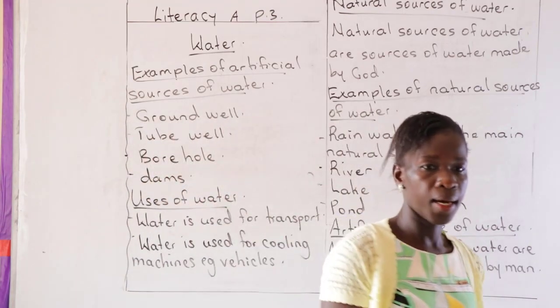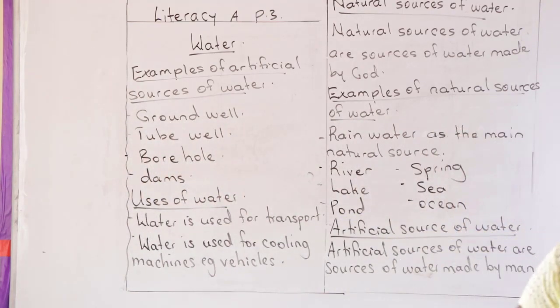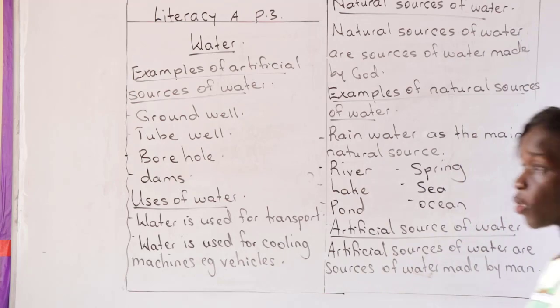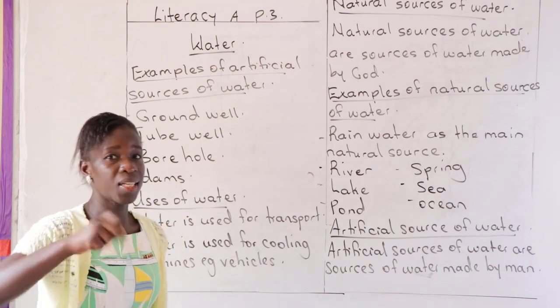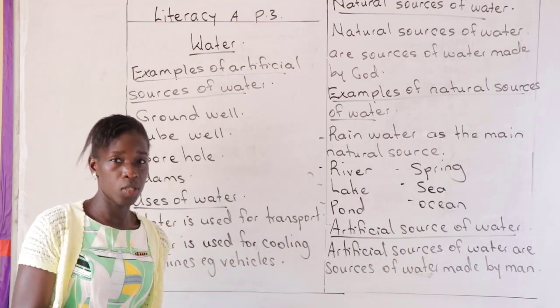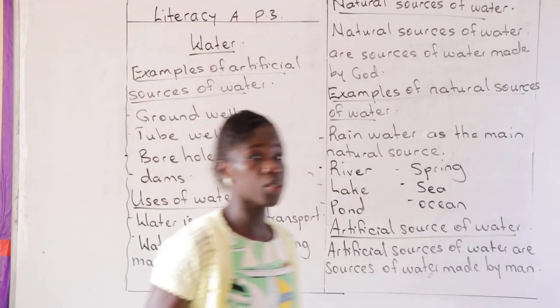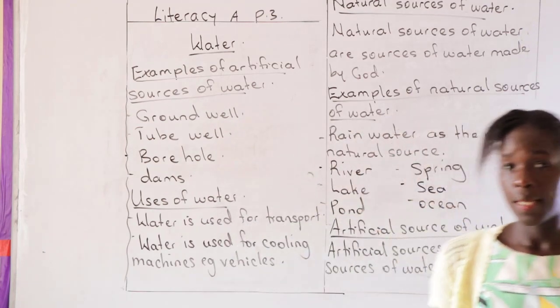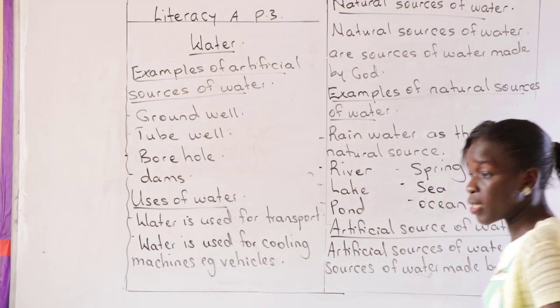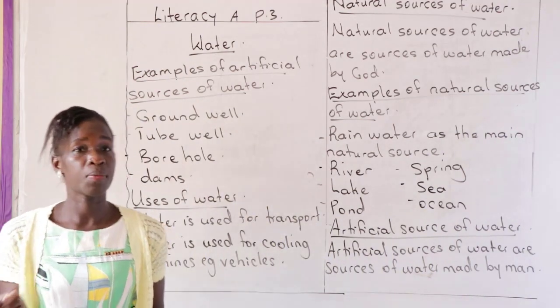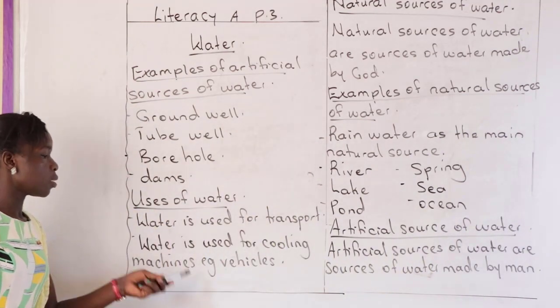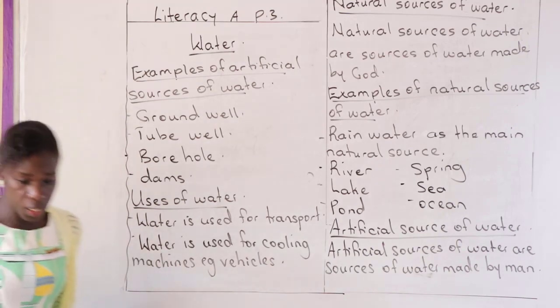In front of the car, you open the front part, there's something inside it, a jerrycan that stores water. If you ask mommy what the use of that water is, it is used to cool the car because it can become very hot, and at the end of the day it might end up causing a problem. So water is used for cooling machines, for example, the vehicles.